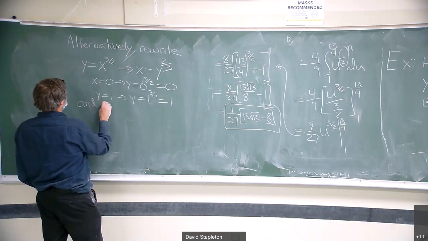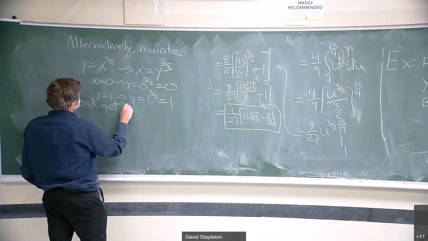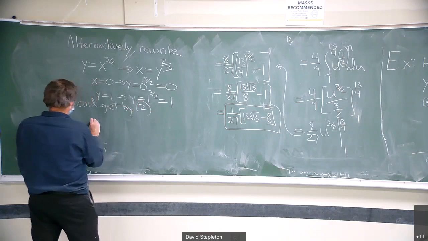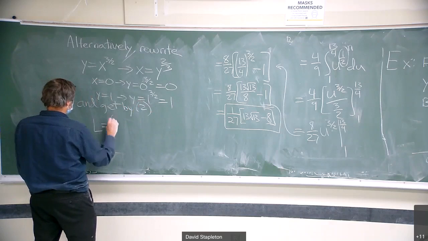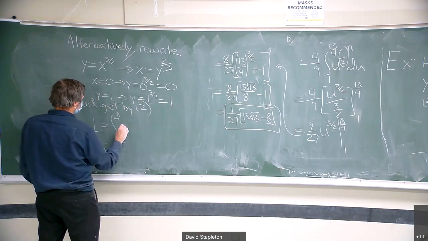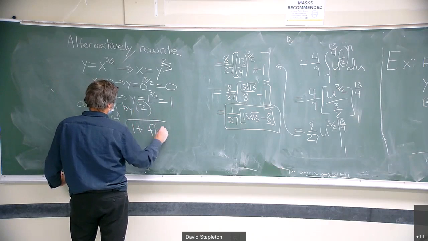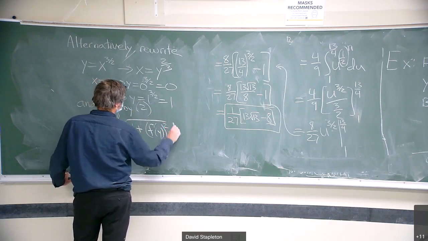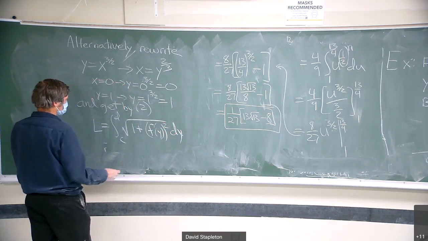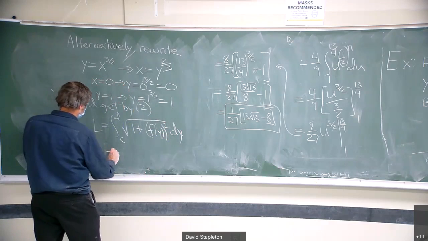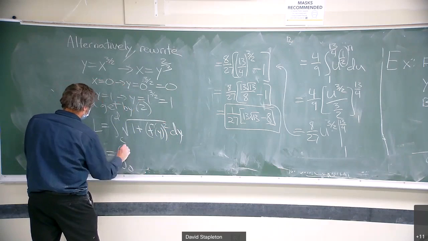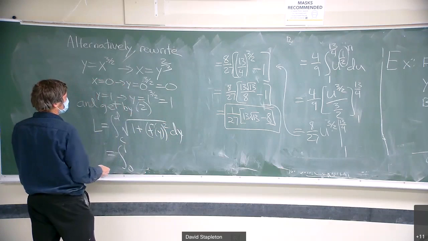And by rewriting it in the other formula, formula 2, arc length is the integral, y going from c to d, of the square root of 1 plus f prime of y squared dy. Same formula, just going the other direction. y goes from 0 to 1, just like x did, just for this particular problem.